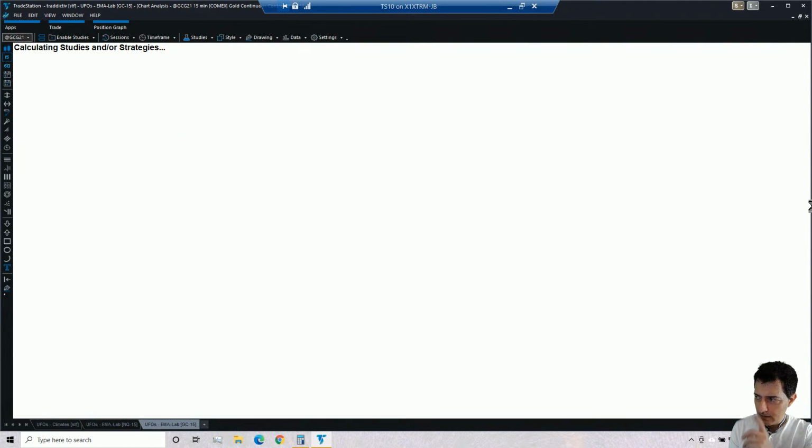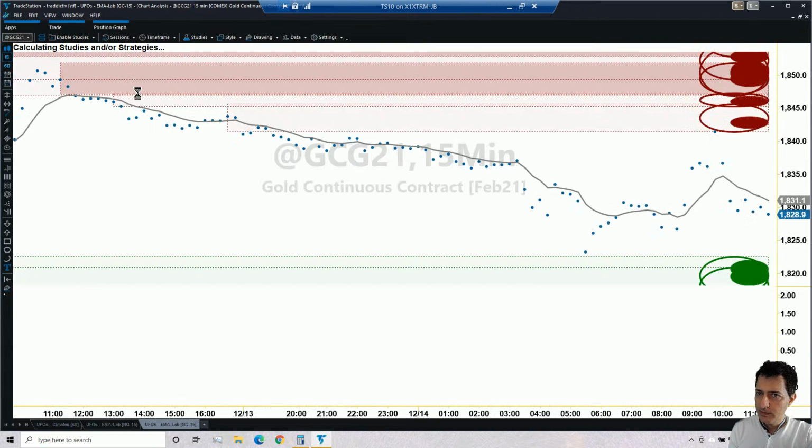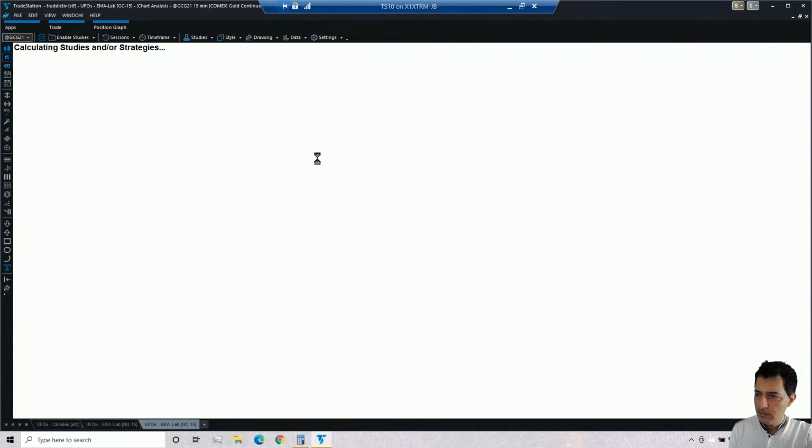So we just need to wait a little bit for all the data to be on our screen, and then we'll be able to do it. Okay, almost there.